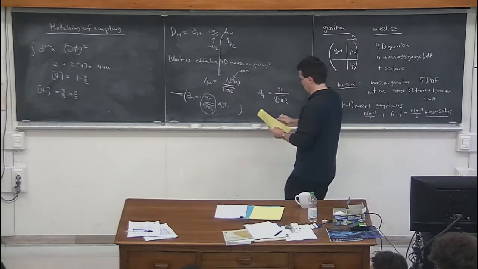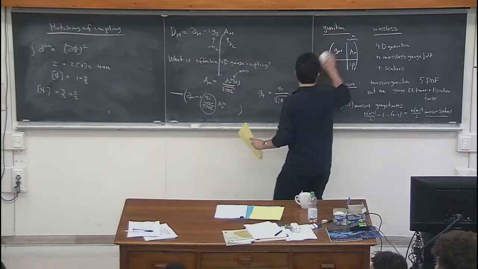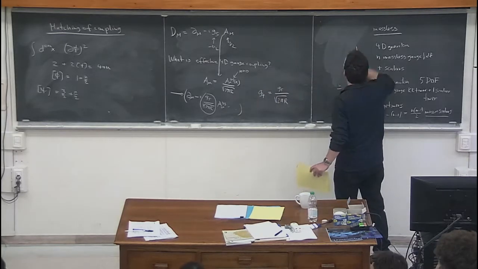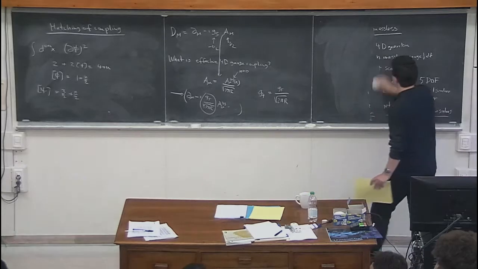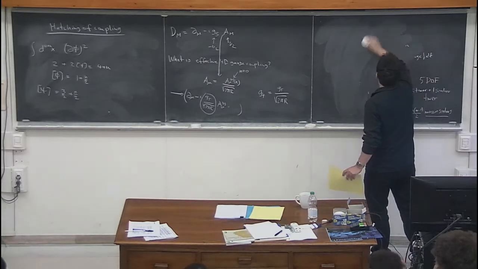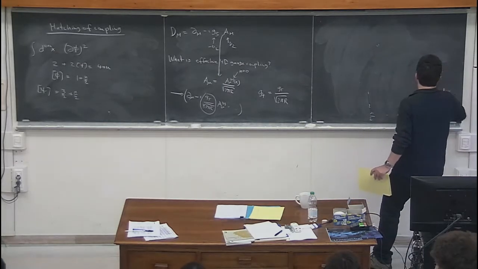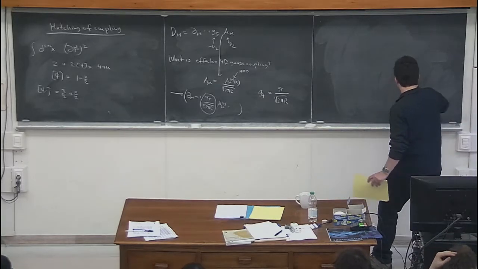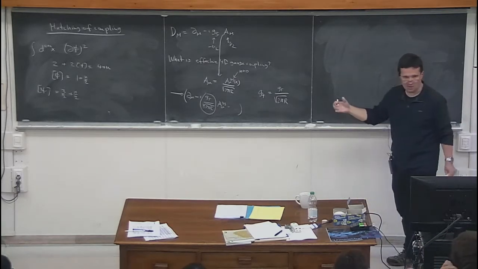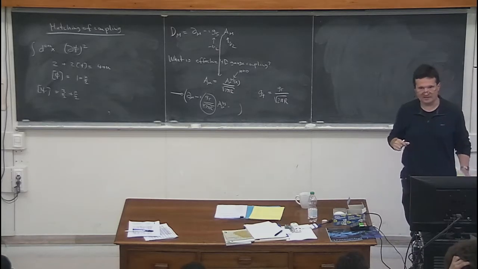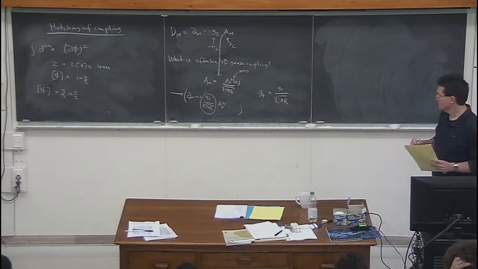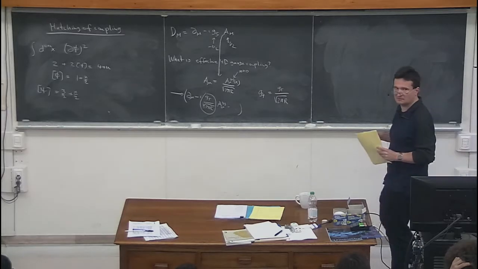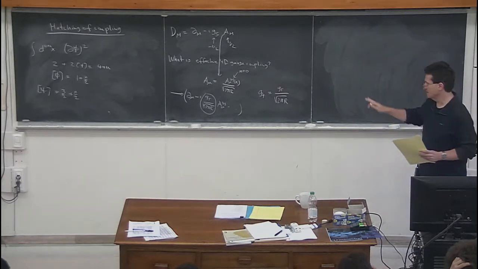You can go ahead and check, and it's not a very difficult exercise, that if you have many flat extra dimensions, the relation between the 4D and the 5D gauge coupling is just going to be given by the volume of the entire extra dimension. It's tree-level. So this is the simplest thing.